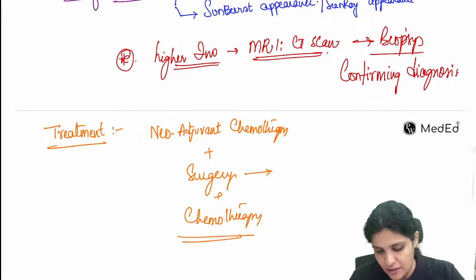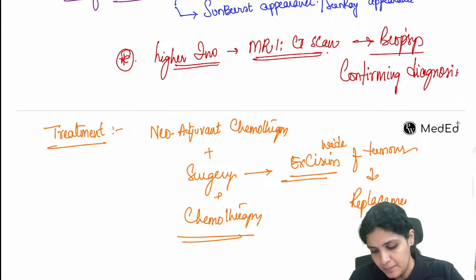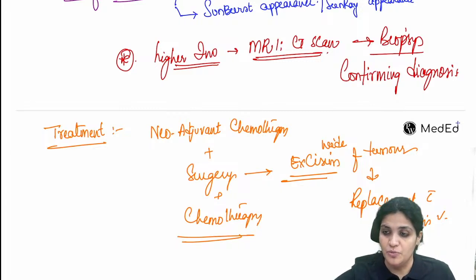This surgery is excision, that is wide excision, and replacement with prosthesis, right? That is again your TCAR, right? So TCAR is one which is very widely used for tumors, right?